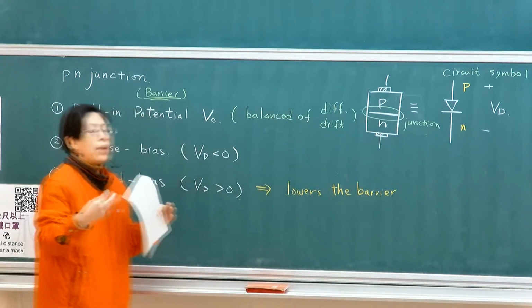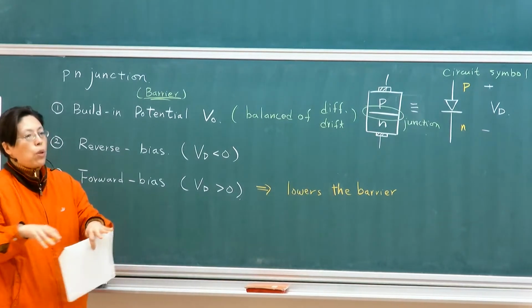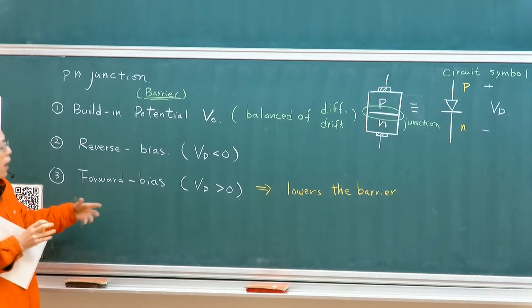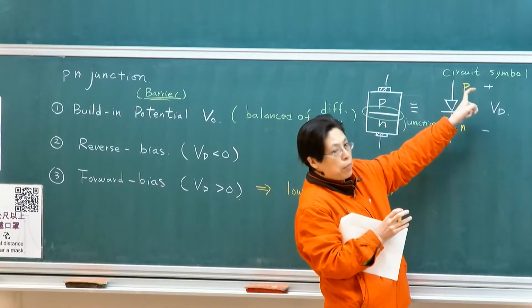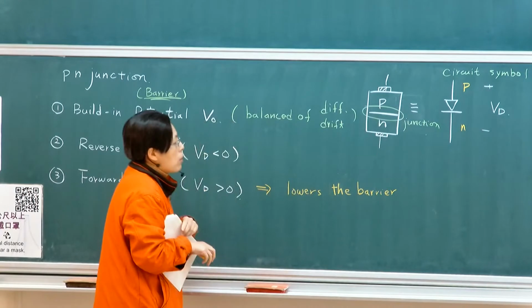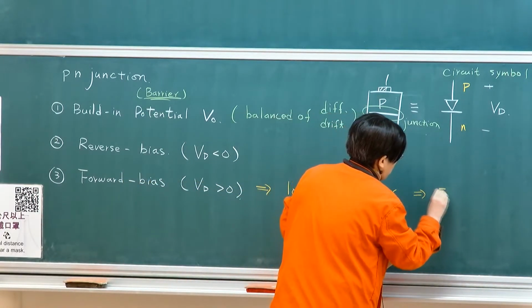Remember, we have a potential barrier that was initially built by this natural setting. If you apply interference by applying a more positive voltage on the P side, you lower the barrier, so then you allow current to flow. So you then have current flow.